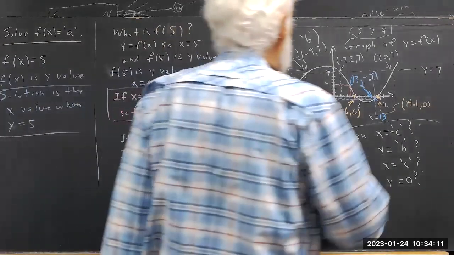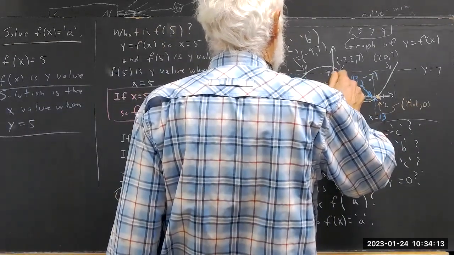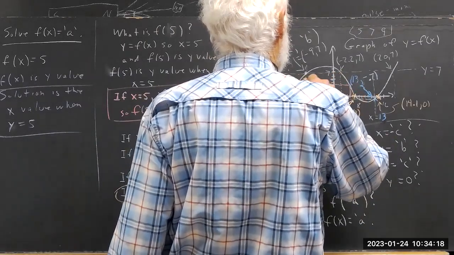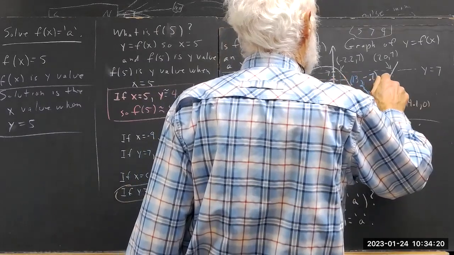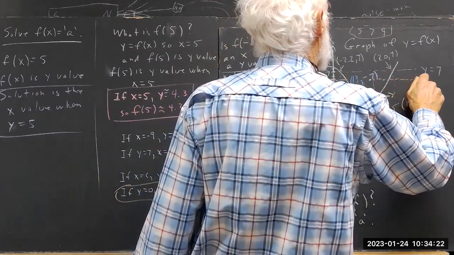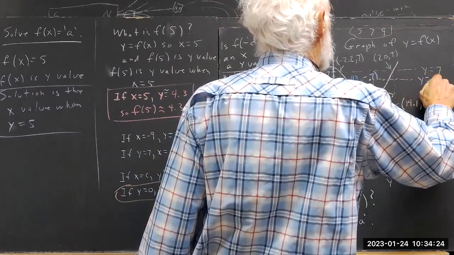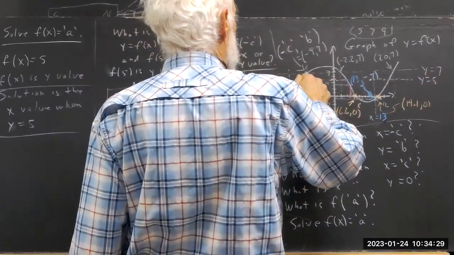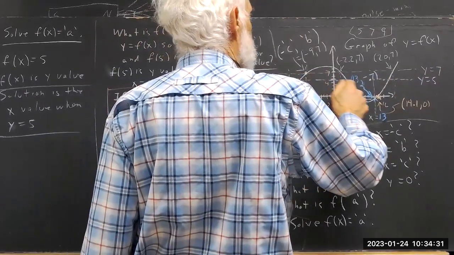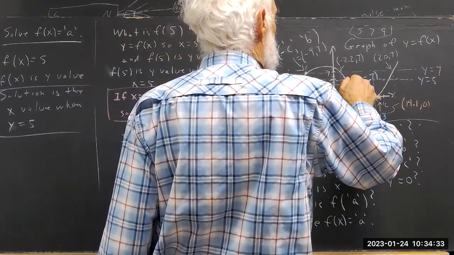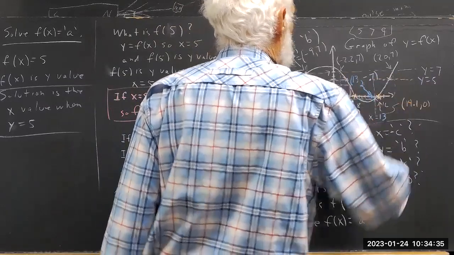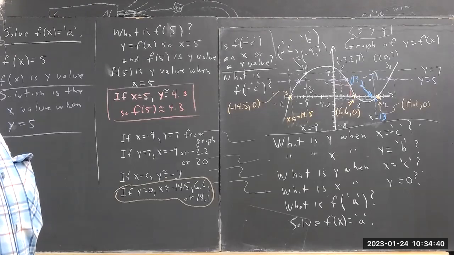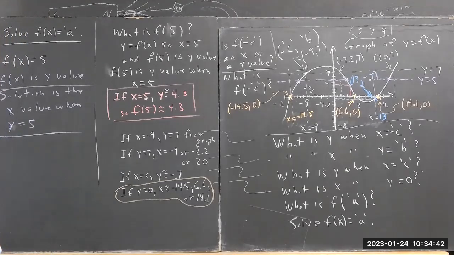Well, now that we can write down the statement of what this solution means, we can say, okay, here's x, here's y equals 5. Here's the line y equals 5. We've got 3 points where this line intersects the graph.